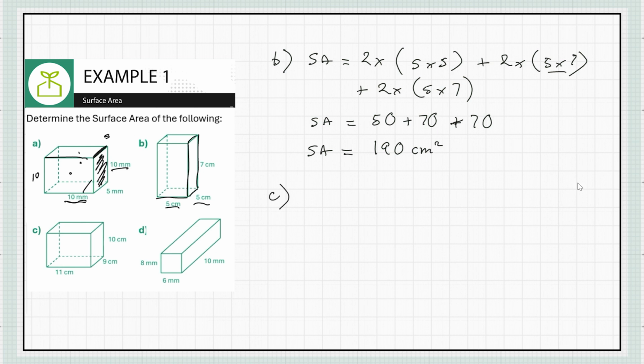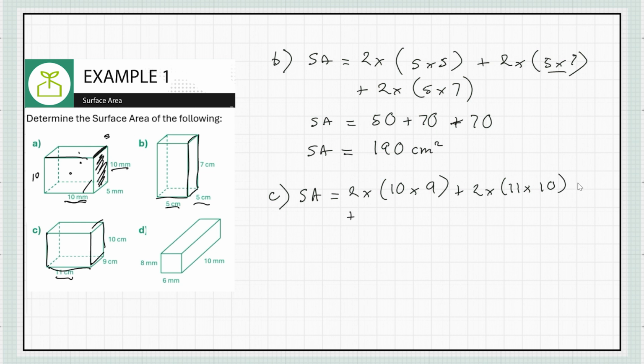If we look at C, we have a couple of things. We'll do this front side here first. So our surface area is going to be equal to 2 multiplied by 10 multiplied by 9. And then we will do the front and back face, that's 11, so 2 multiplied by 11 multiplied by the height, which is again 10.